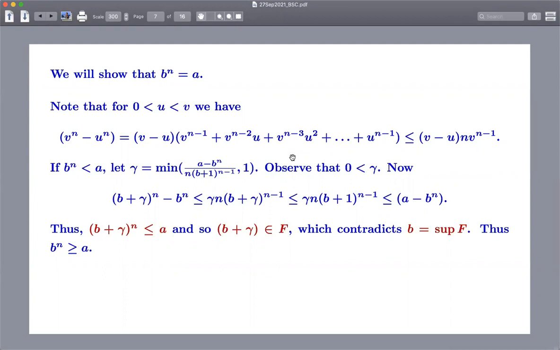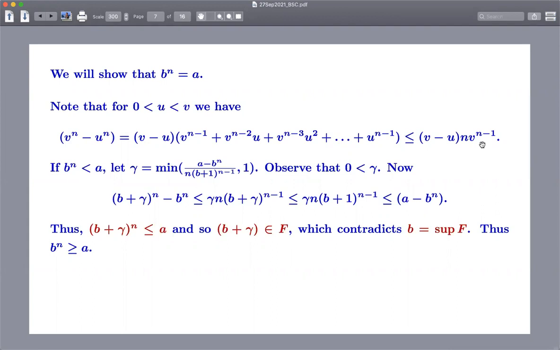You can write the proof using substitution also: if you substitute u by v, you will be expanding every term, and the right hand side will be n times v power n minus 1. But at least for this part, you do not use any terminology which is not given to you. So therefore, v power n minus u power n is this.